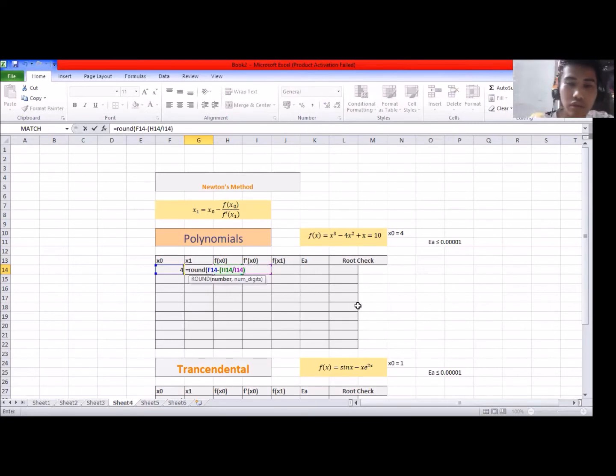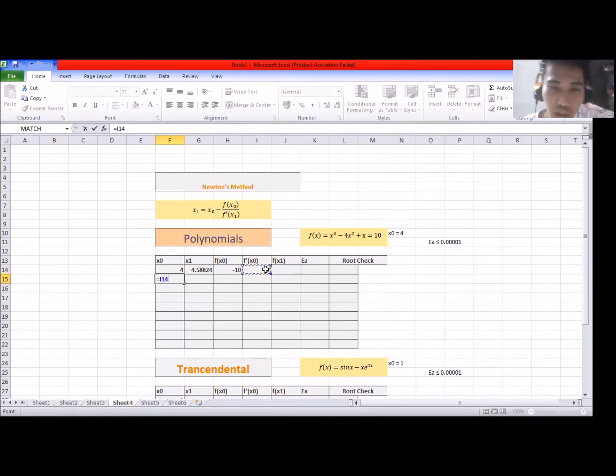Then decimal places again. Now we get the x sub 1. So let's rewrite the value of x sub 1 here to get the value of the new root.